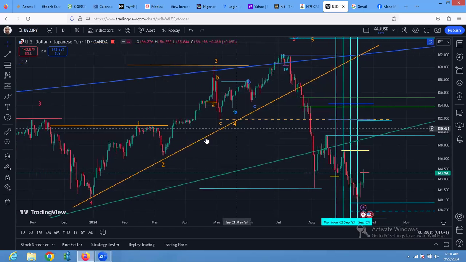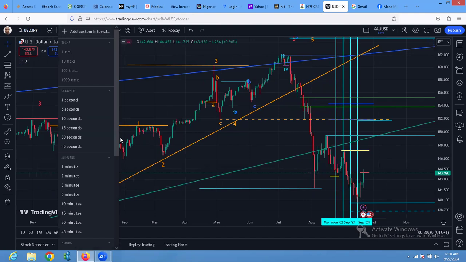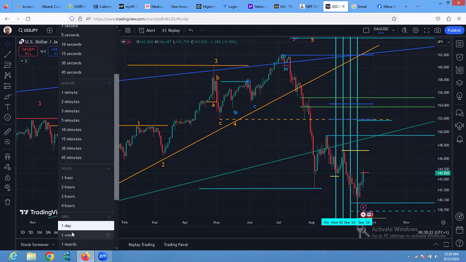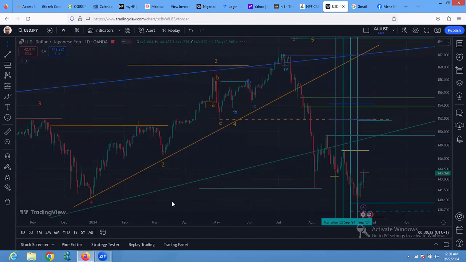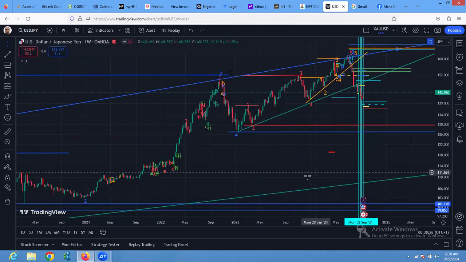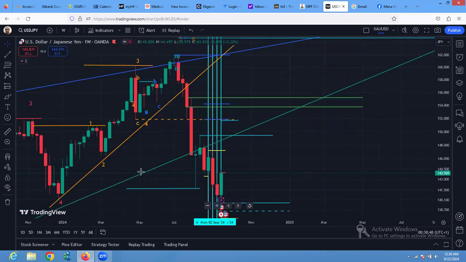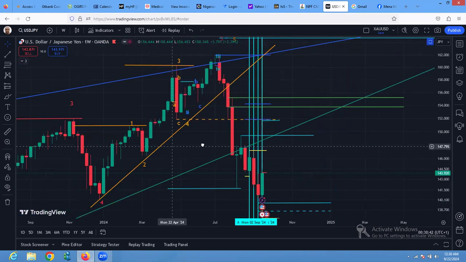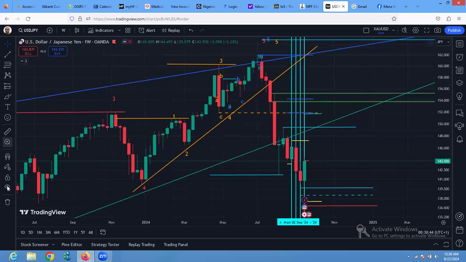Let's see how this closes. This is going to close in a weekly. The weekly candle, how it's going to close here. So if this one will pull back without breaking, let's look at it.